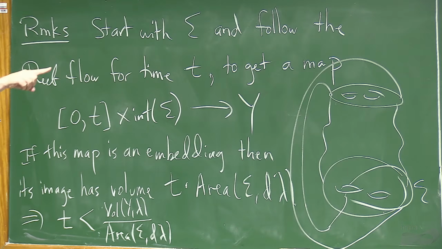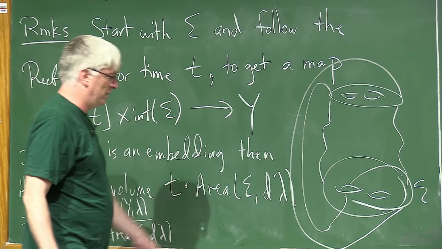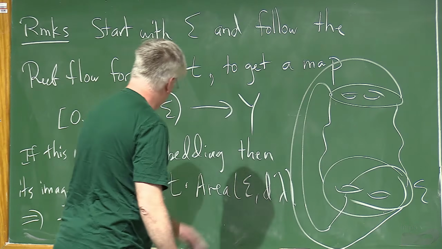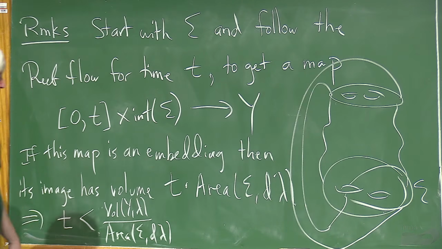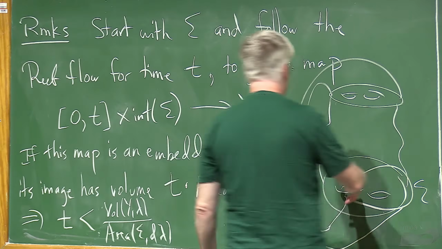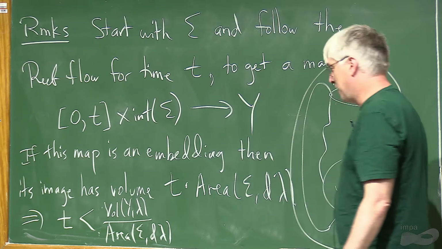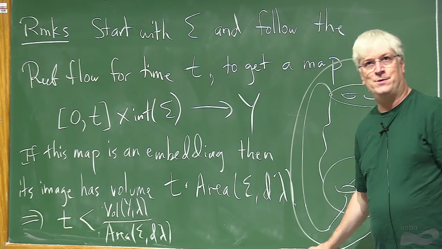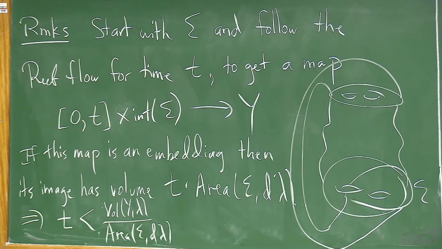So what appears on the right-hand side of the theorem is the best upper bound you could hope for, because you can make examples in an ellipsoid where this map is injective as long as this inequality holds. Once this inequality fails, this tube will be non-injective, although it's not at all obvious that periodic orbits are going to appear. Anyway, that's a motivation for the number that appears in the theorem.